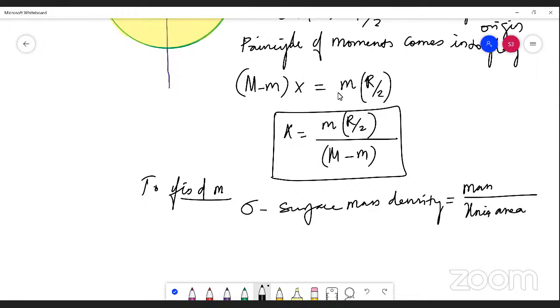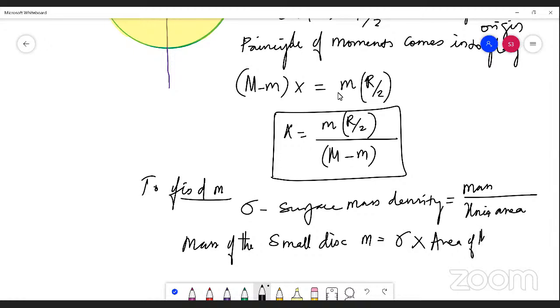If sigma is the surface mass density of the given disk, and we need to find the mass of the cut disk, we can write: mass of the small disk, small m, is equal to surface mass density multiplied by the area of the small disk.